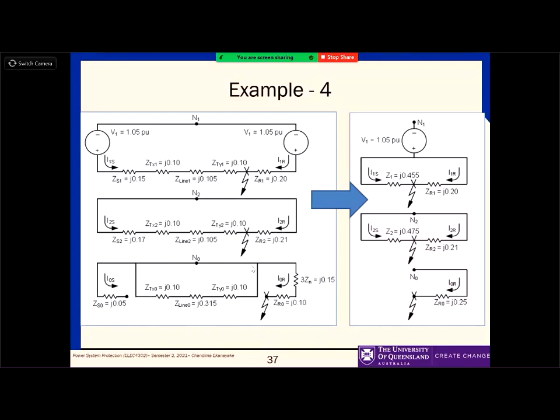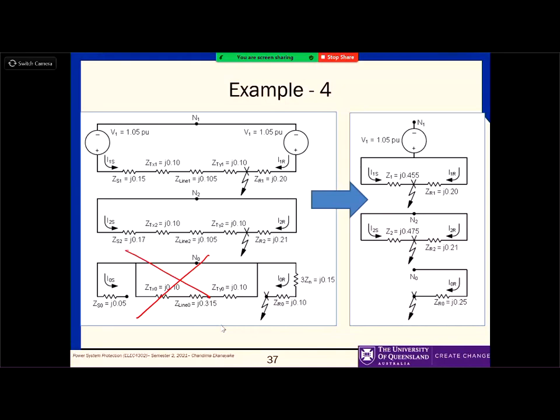If this current comes here and then goes through this part, this part will not have any impact on the zero sequence current flow. And then you will see that the generator side also has some zero sequence impedance, and then this part is open, so it doesn't have any impact at all. So we can just neglect this part. That's why it ended up with this simple one, addition of these two.